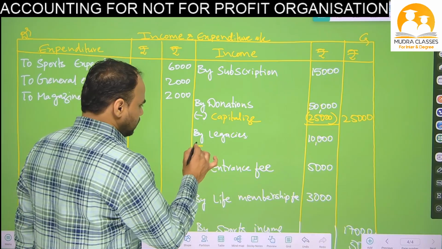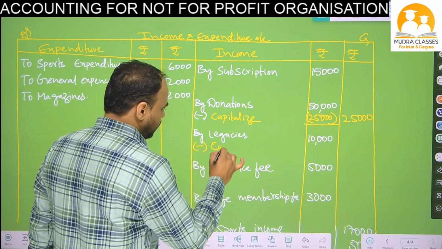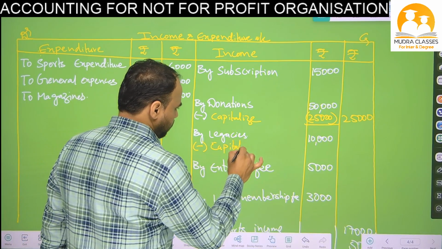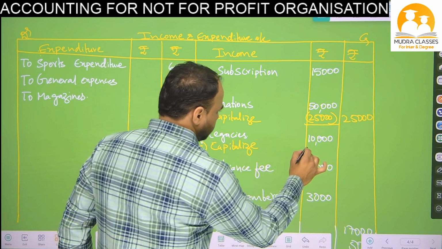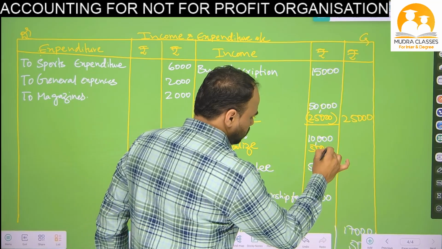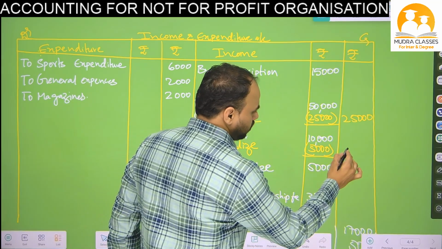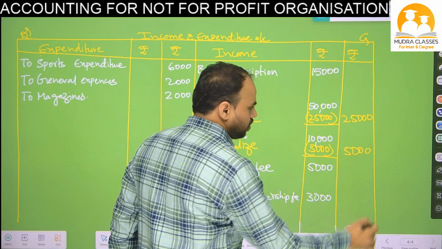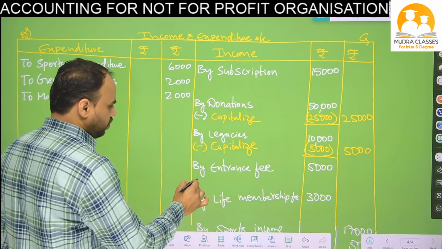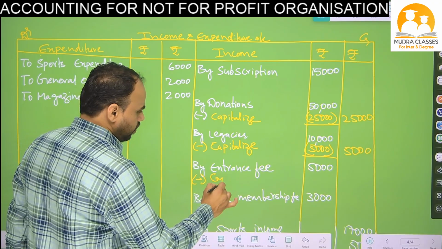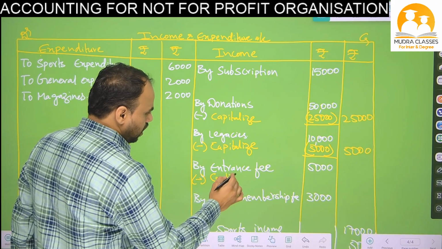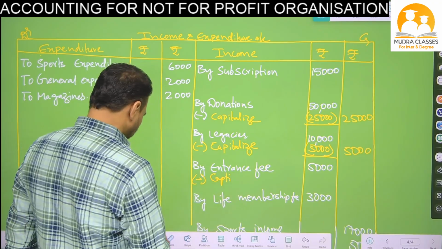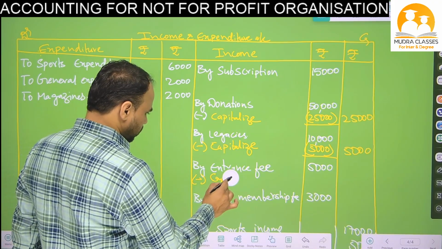Next, legacy is also 50% said, so write here capitalize 5,000 rupees, because 50% of 10,000 is how much, Nana? 5,000 rupees. So 5,000 rupees in the outer column. Next, entrance fee given, half of the entrance fee is to be capitalized.